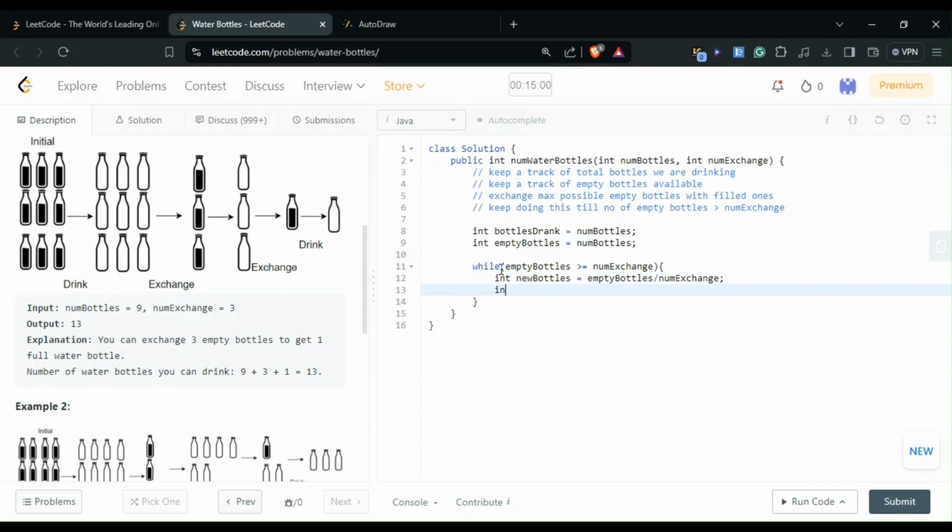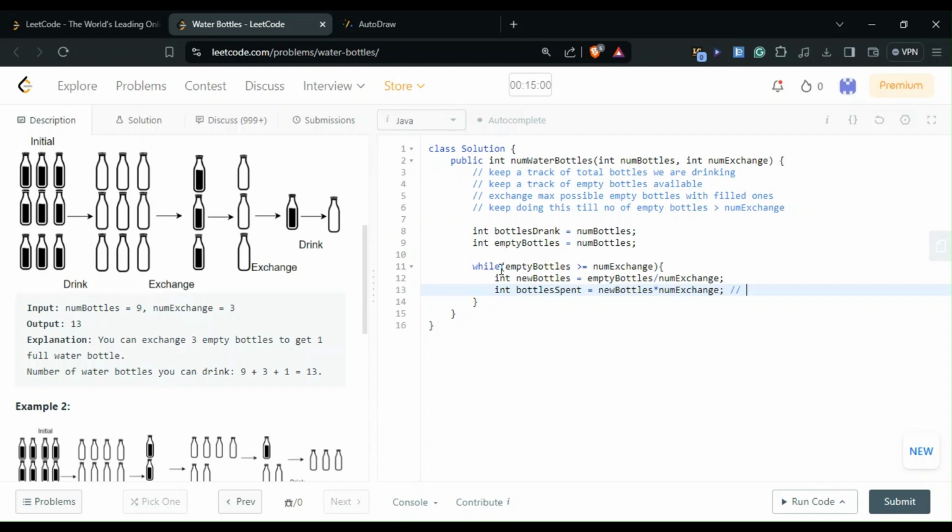And int bottlesSpent. How many bottles do I need to give to this person? So this will be newBottles times the exchange rate. This is equivalent to the bottles that I need to give.